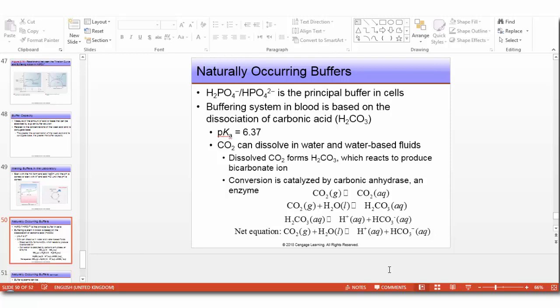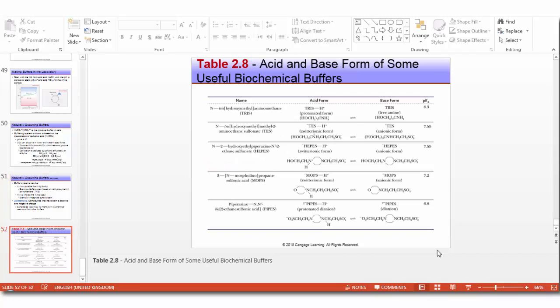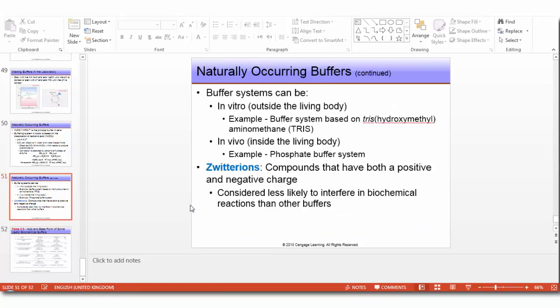So again, to summarize, the buffer system can be either in vitro or in vivo. In vitro means outside our body. This table shows examples of buffers that are used in vitro, like Tris buffer, HEPES buffer, etc. Don't worry about them.